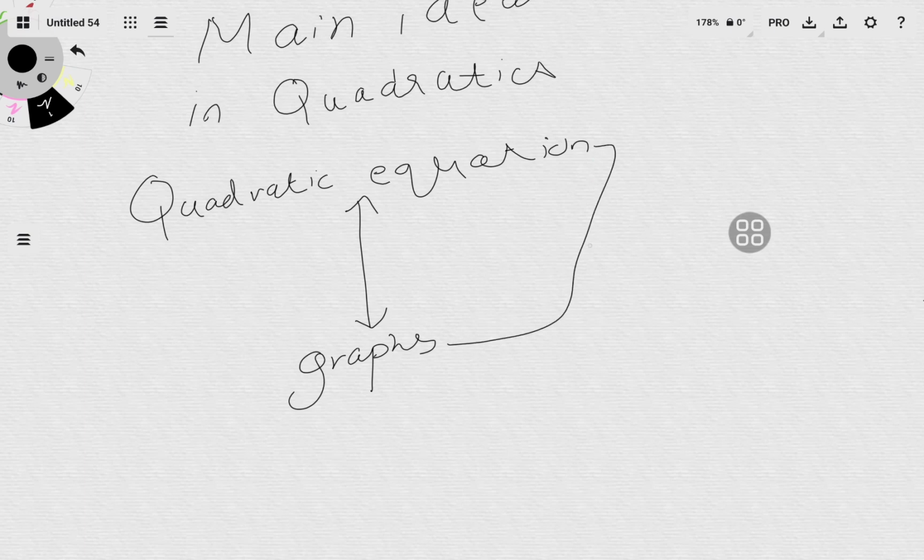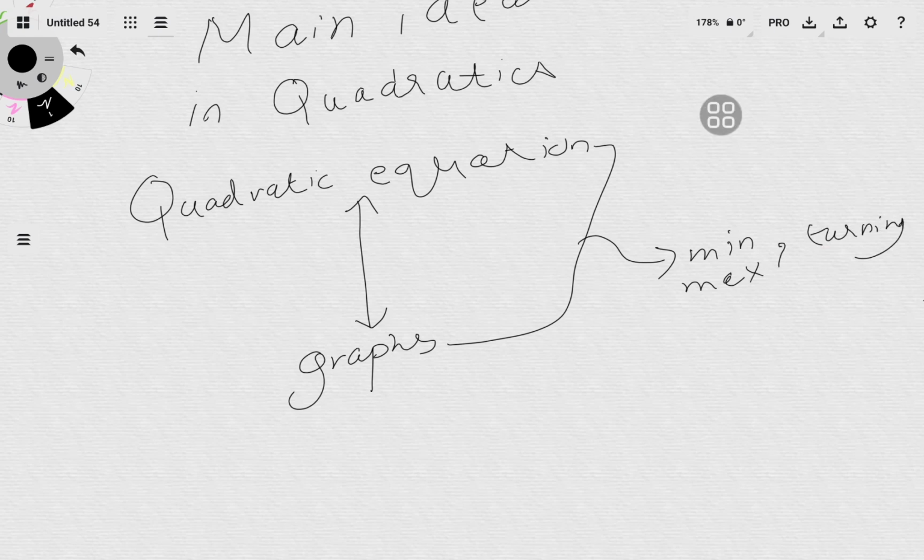Next to that we have the minimum, maximum, and turning point, used in unknown variables.